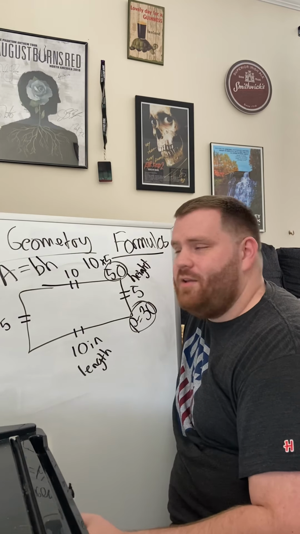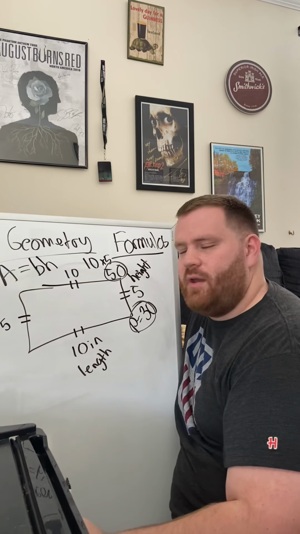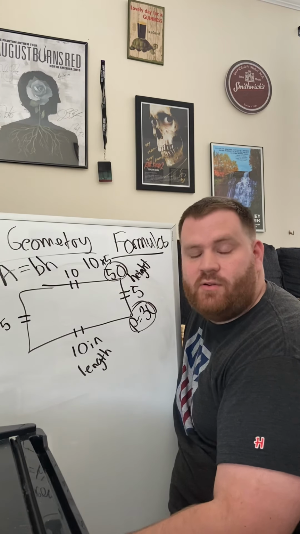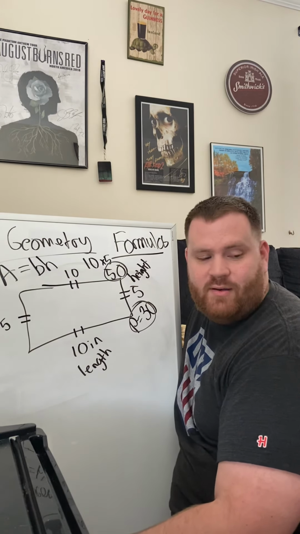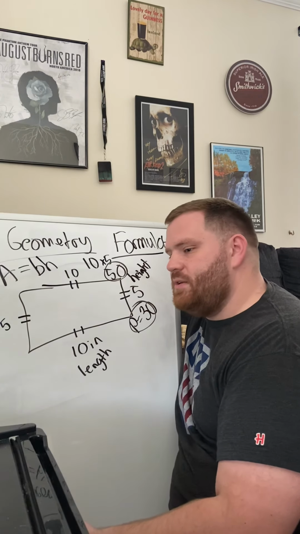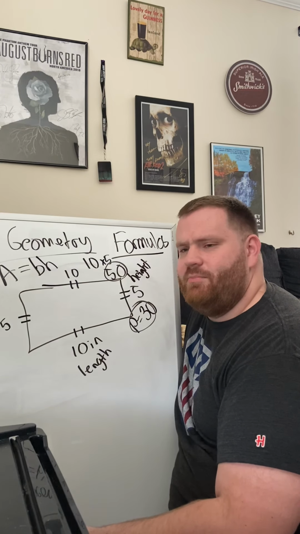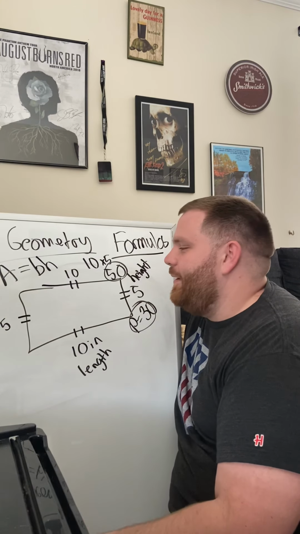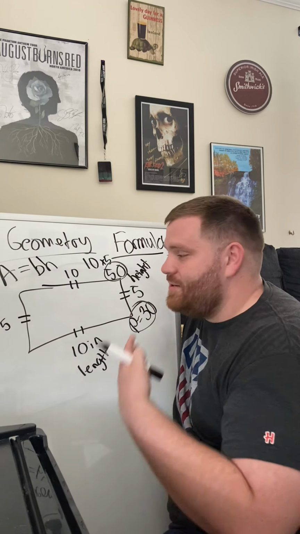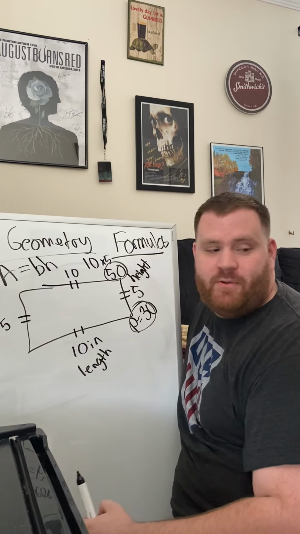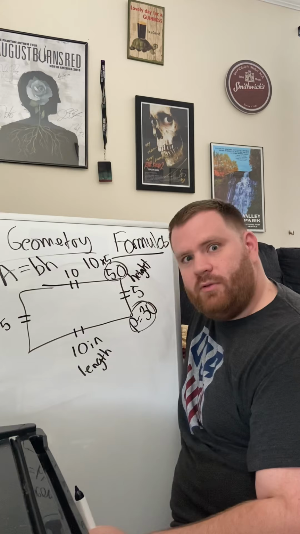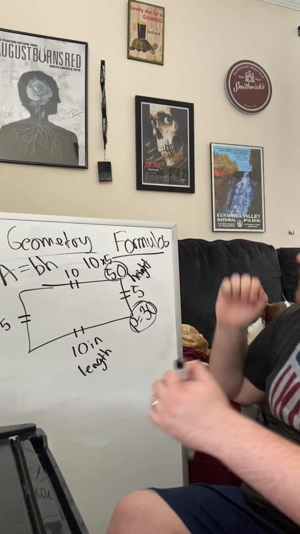And with area, you want to follow the formula. I'll email the formula sheet out to you guys for anyone who needs it. I know I've passed out about 1 million of them in my career, but I always have copies. So that's a rectangle. Simple enough. Let's go to the next shape, shall we?